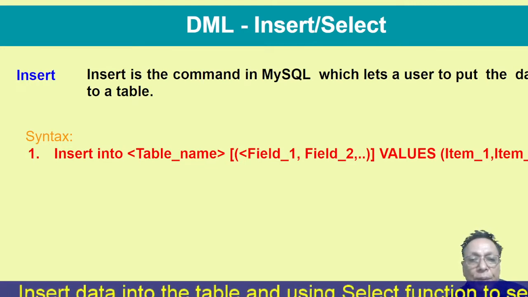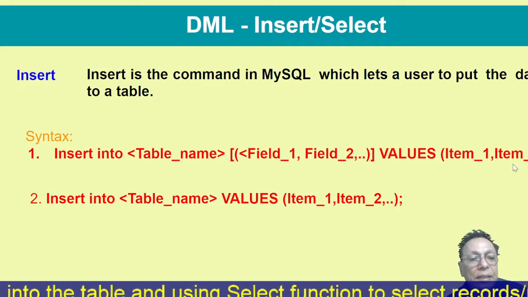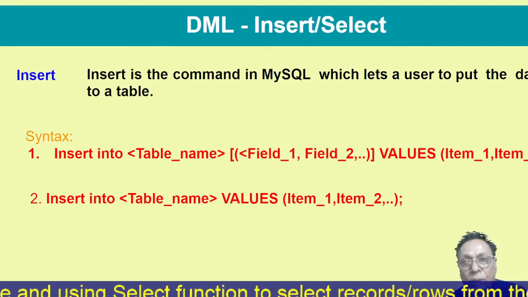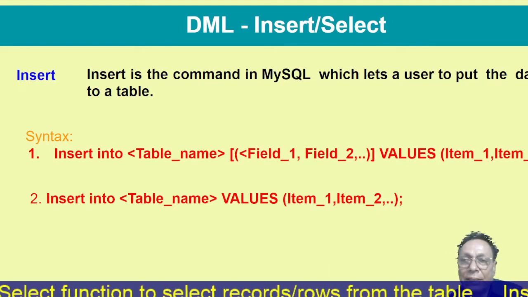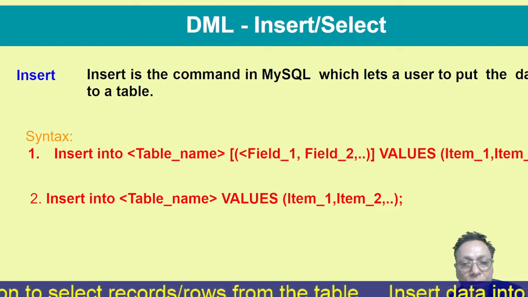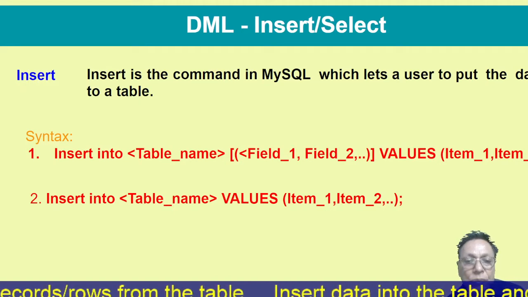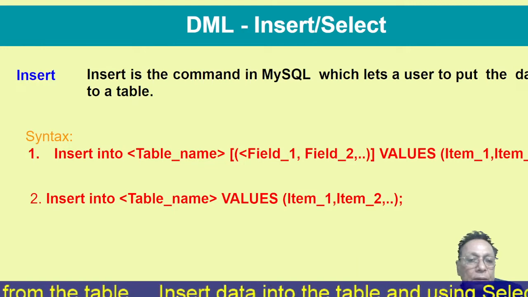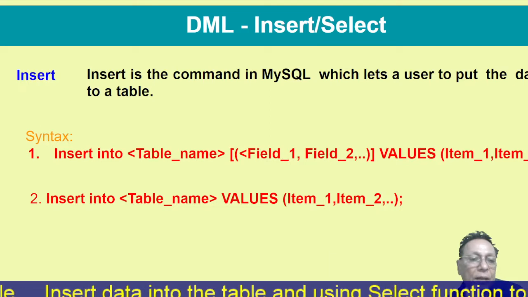Otherwise, if you omit this, then you will have to use the second option, that is insert into table values, and all the values corresponding to the structure which you have created while creating the table. You should keep in mind that the order of the values or items should be as per the order of the fields or attributes you have created in the table.